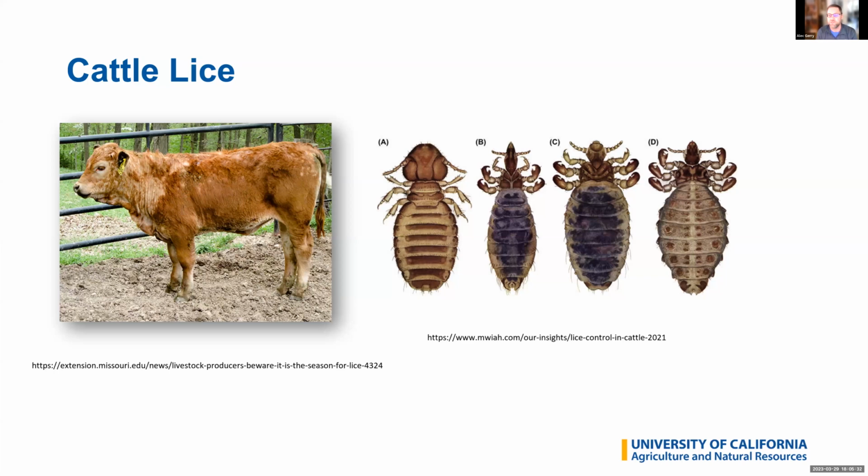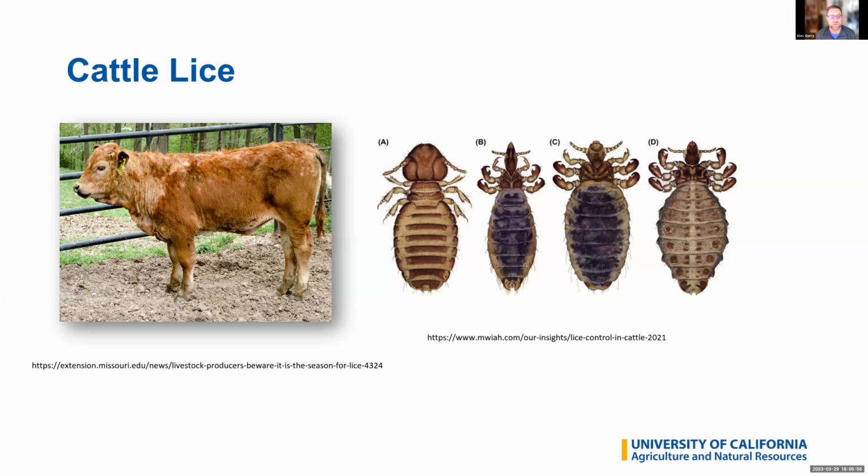The 3 other lice, B, C, and D, are lice we call sucking lice, and that's because they take blood. So they're not chewing on hair or skin. Instead, they're actually sucking blood, more like a mosquito or a flea might be. Because of that, they can be responsible in some animal systems, not so much in cattle, for transmission of diseases.